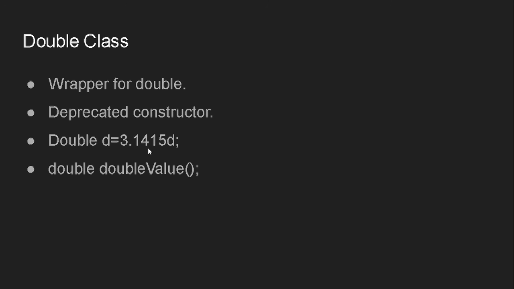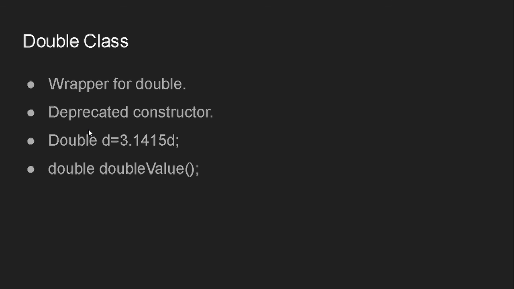So you don't necessarily need to append a d over here. Then if you want to extract this particular value from the object of this class, you need to use d dot doubleValue. All right, so these were the type wrappers in the Java programming language.